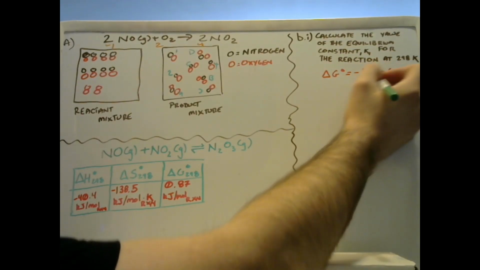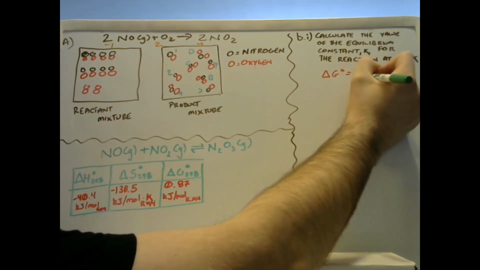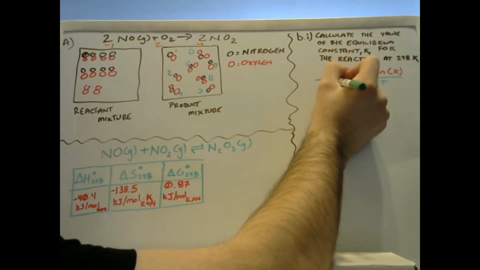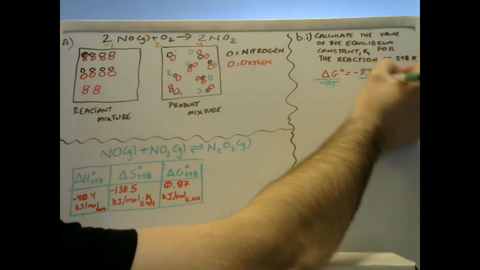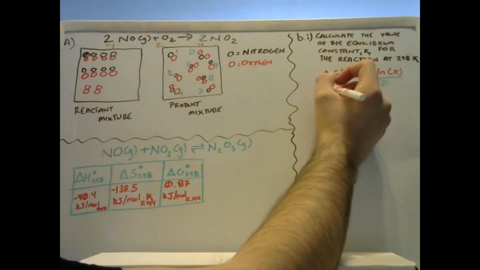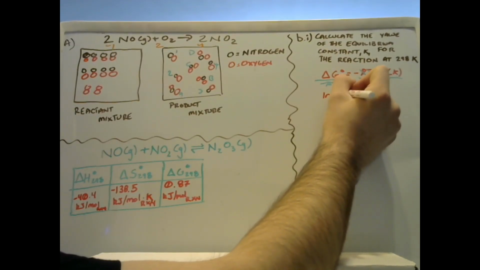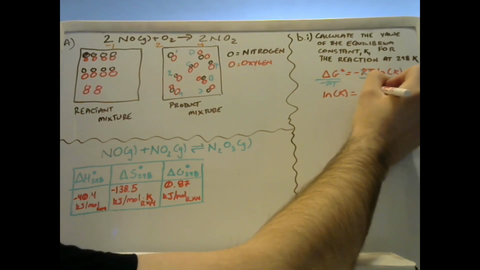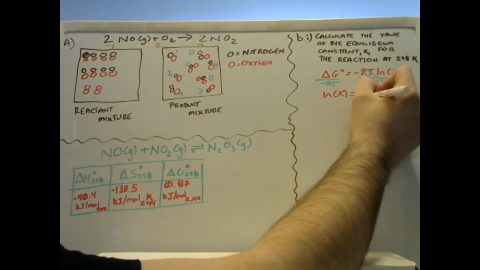First things first, let's get this RT to the other side. Divide by RT, divide by RT, cancels out. Gives me, I'm going to flip this around, natural log K equals negative delta G over RT.